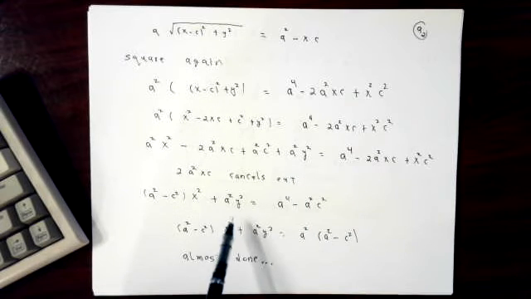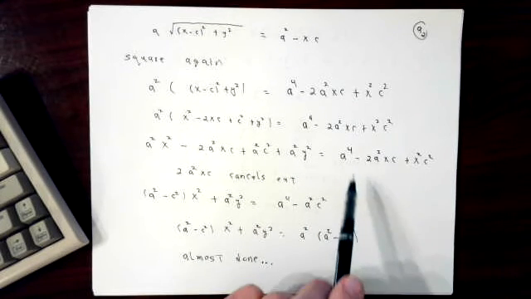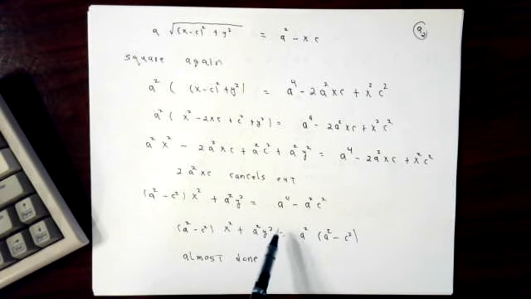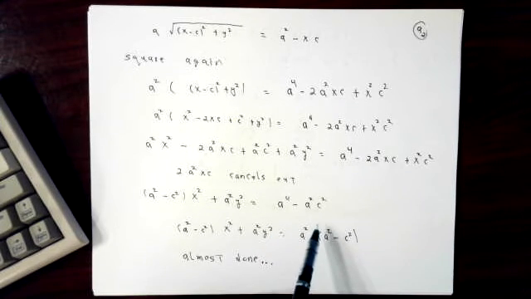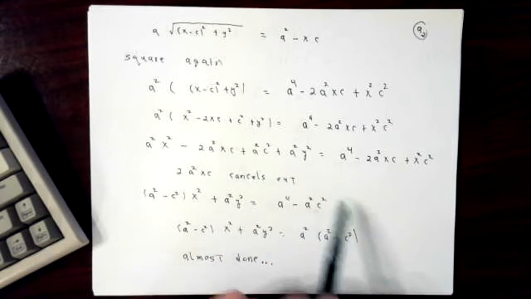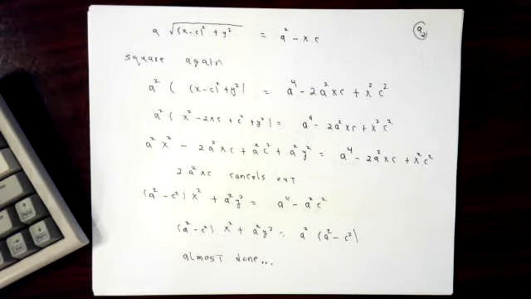I have a squared y squared, and all that's left is a squared, a to the 4th power that is, minus a squared c squared, having moved this term over to the right. I'm making it look more simple. I'm trying to make this look as much like the equation of a circle as I can manage.